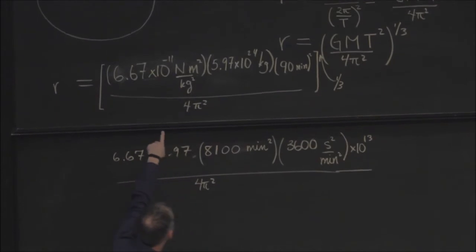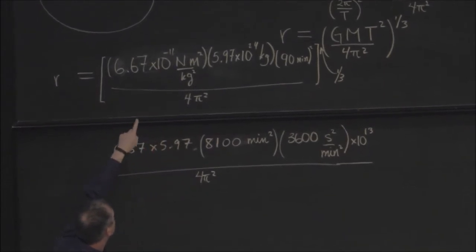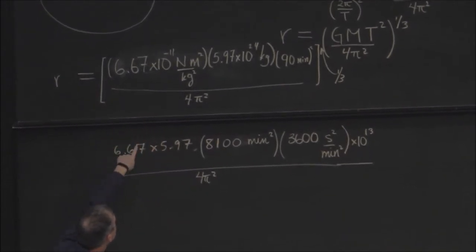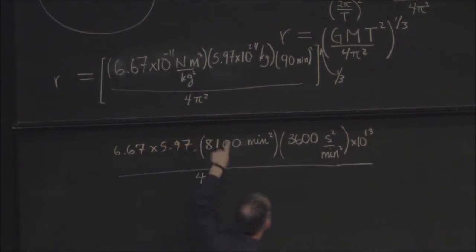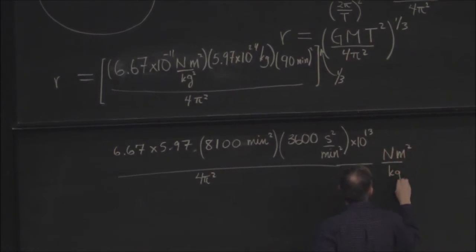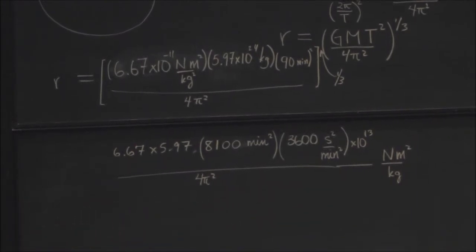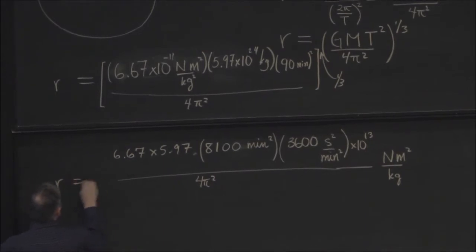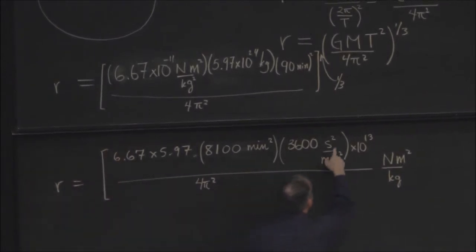Okay, and I need to pick up my units, so I have Newton meters squared per kilogram squared, except that I have 1 kilogram there, so that's going to be Newton meters squared per kilogram, and I'm going to end up with seconds squared in there.